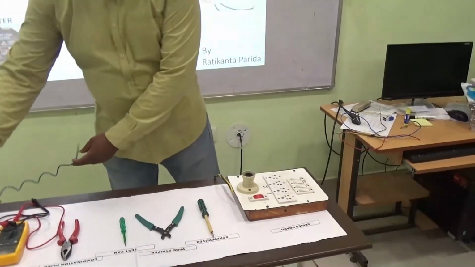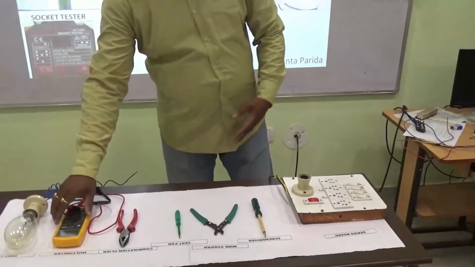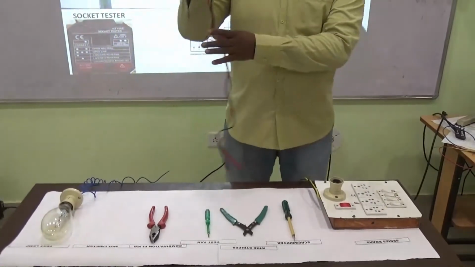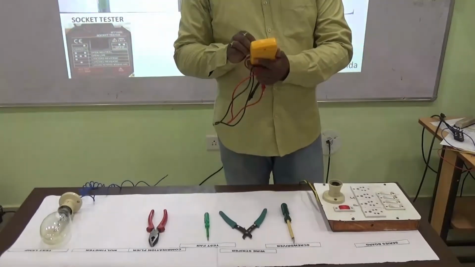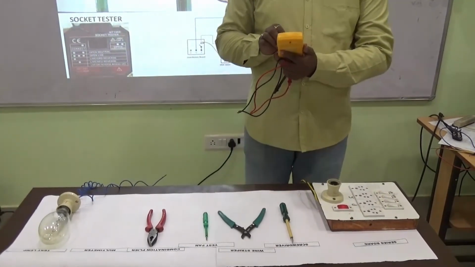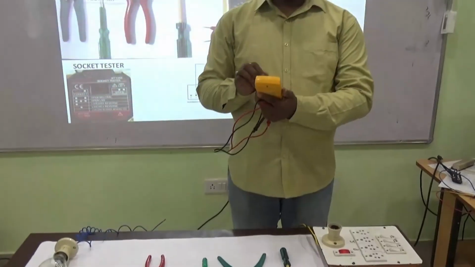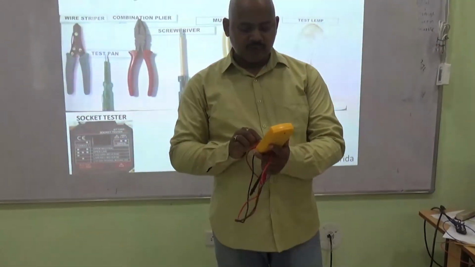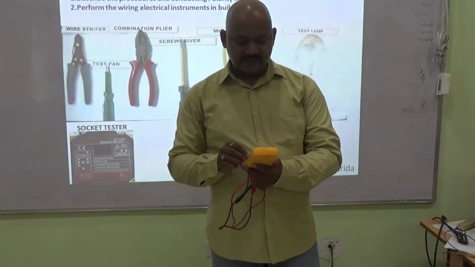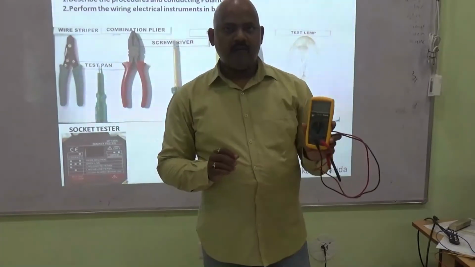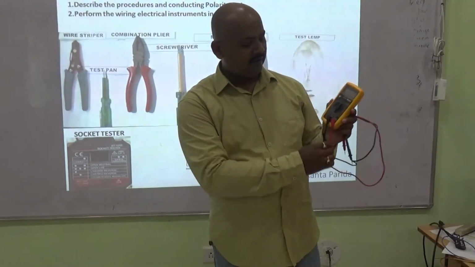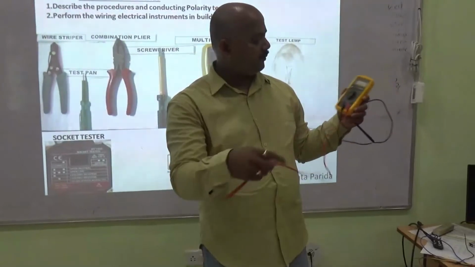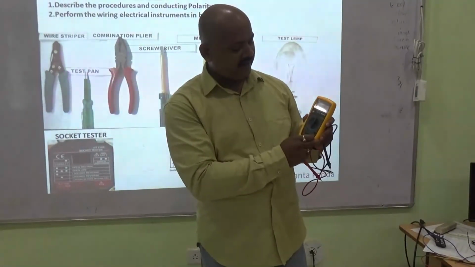Understand? Thank you. Another way is to determine the voltage of the phase, the neutral and the earth. First we have to set the multimeter to voltage, and this is the common and that is the voltage side.